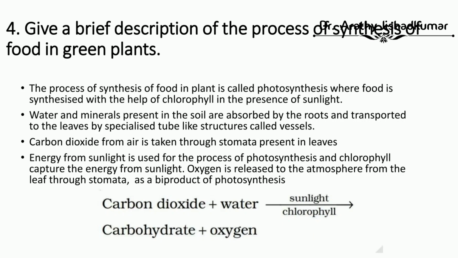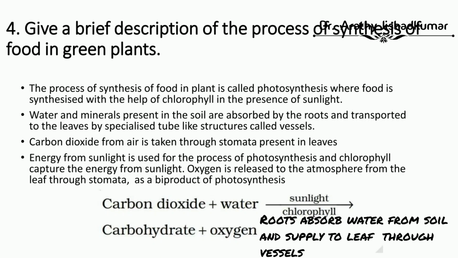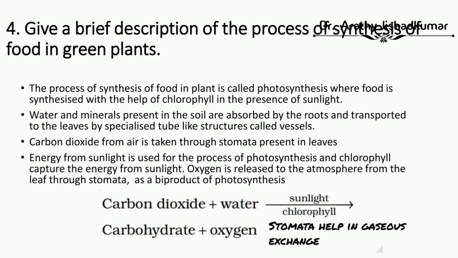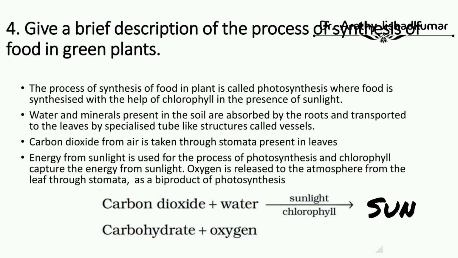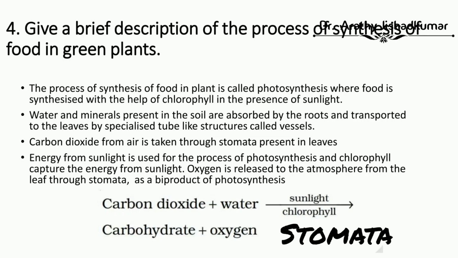Plants get water through absorption by the roots and carbon dioxide through small pore-like structures found on the leaf, which are called stomata, and sunlight directly from the sun. The byproducts of photosynthesis, carbohydrate and oxygen, get released to the atmosphere through the same stomata.